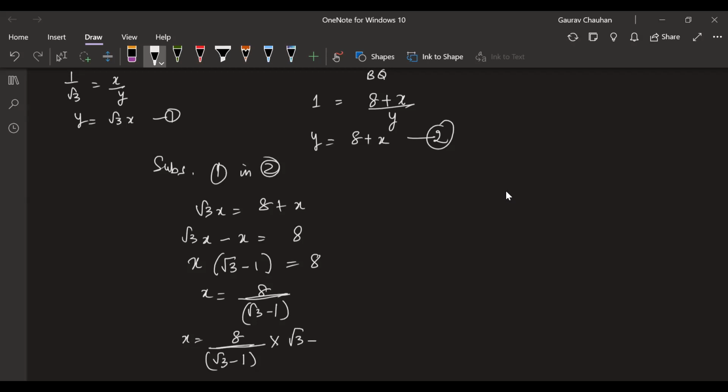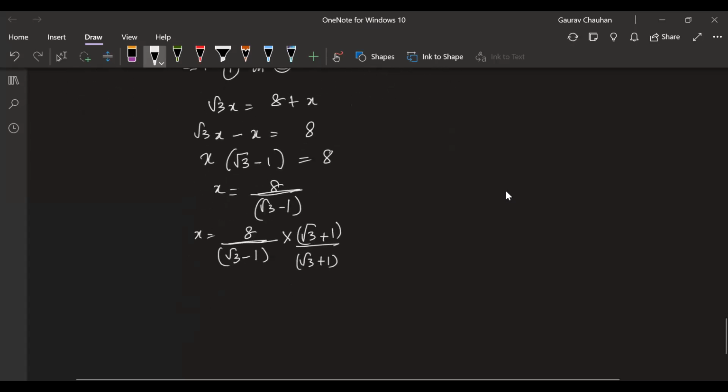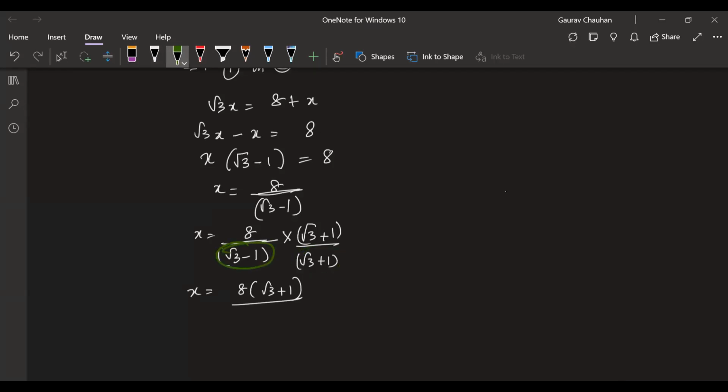Very good. We'll multiply it by root 3 plus 1 by root 3 plus 1 because it has to remain equivalent. So numerator and denominator. That gives me x is equal to 8 into root 3 plus 1. Denominator has a plus b into a minus b, which is equal to a square minus b square.